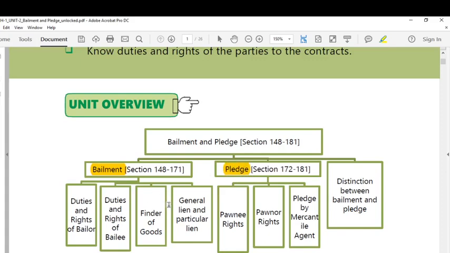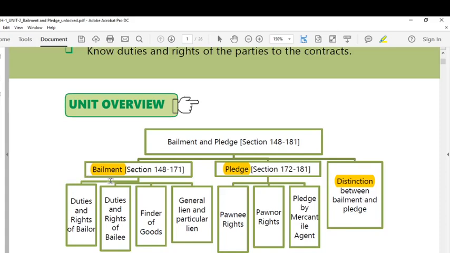There are about four more important topics under the contract of bailment, and about three to four topics under the contract of pledge, and the last most important topic is the distinction between the contract of bailment and the contract of pledge. What are the points of difference between the two?